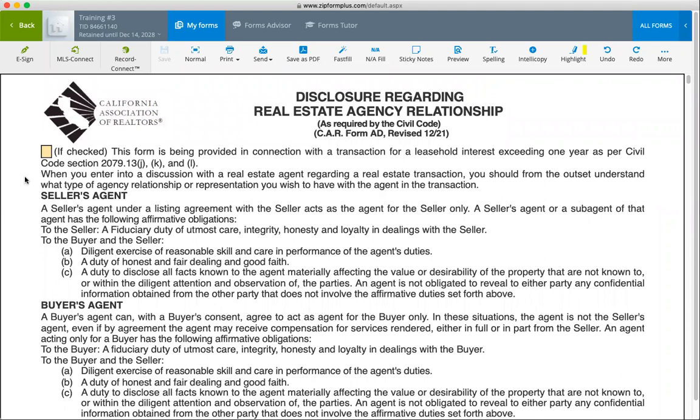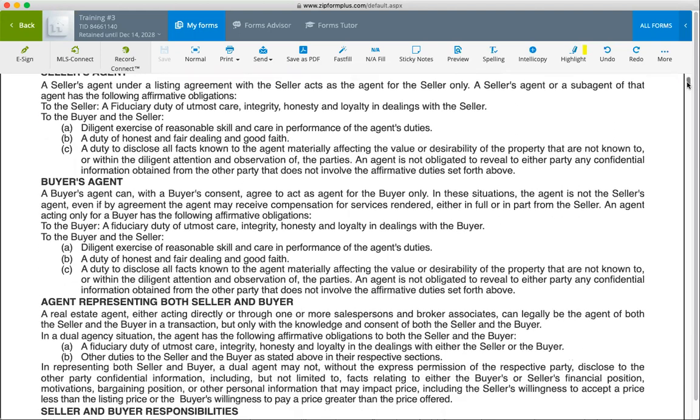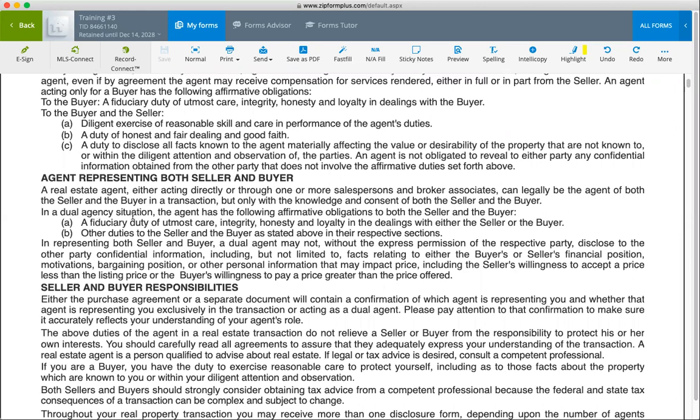So I could start out as a seller's agent, being the listing agent. And then I could end up being a dual agent because another agent in our brokerage brings in the buyer. And therefore my duty changes, and this fiduciary duty gets added to my duty because I'm now representing both buyer and seller.